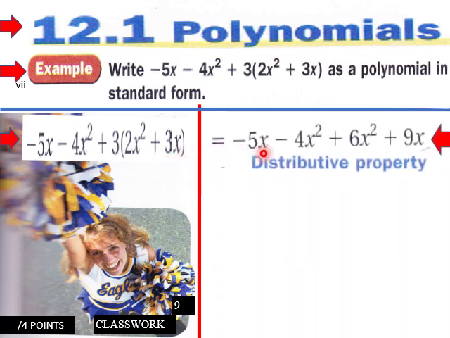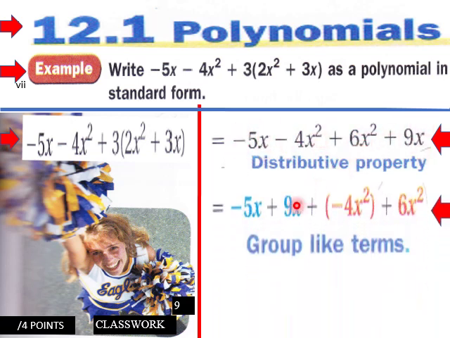To write this out, we expand this out. When you multiply 3 times 2x squared, that'd be 6x squared, and then 3 times 3x would be 9x. So we use the distributive property to expand that out. So we have this expression now.